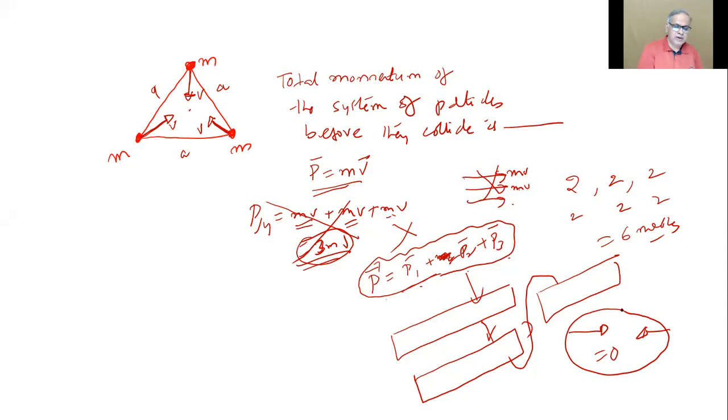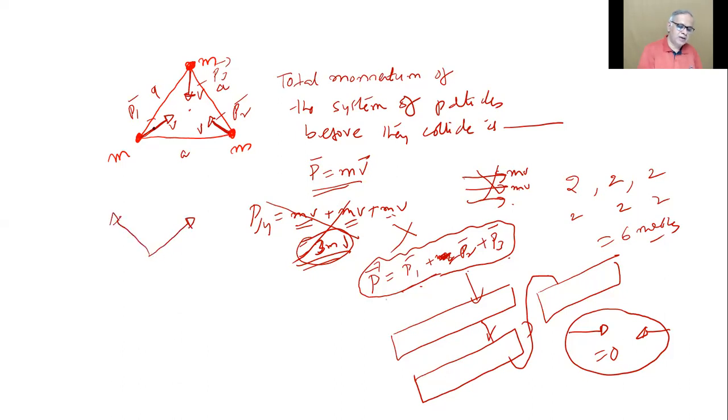Right. Now, how to do that? I've got 3 vectors, but I know how to add 2 vectors only until now. I'll call this P1, this P2, this my P3. Look, their magnitudes are same, but they're different vectors. That's why they are given different names, P1, P2, P3. Let me add 2 of them first. Let me move P1 like this, P2 like this.